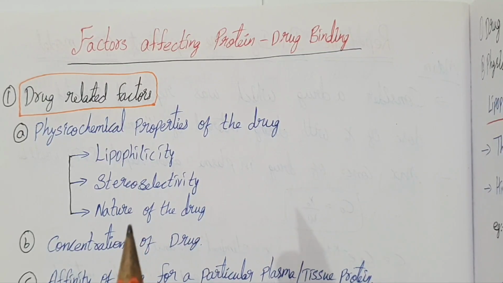Remember, only the free drug is pharmacologically active. The bound drug acts like a reservoir, slowly releasing drug into circulation. So, understanding the factors that affect protein binding is key to predicting a drug's action, drug interactions, and even toxicities.